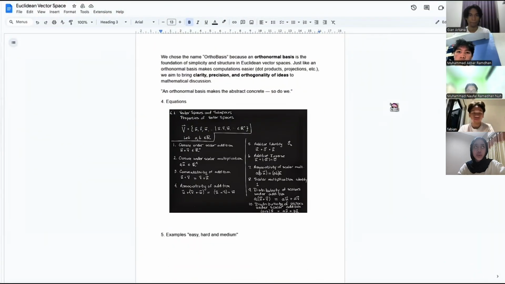So the next one is the equation of Euclidean vector space.